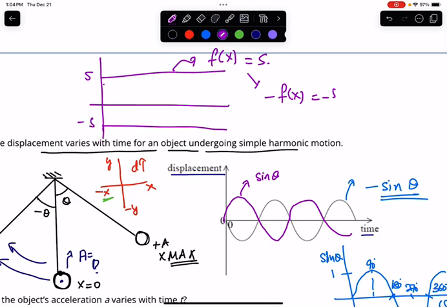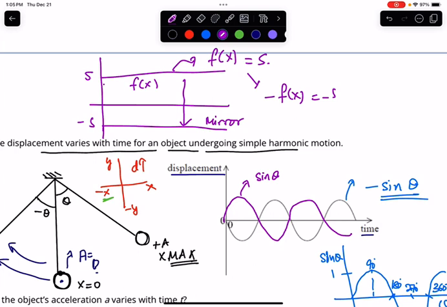So in this case, all you have done is you have taken this function f of x and then you have reflected it over the x-axis like a mirror. Okay? So we are going to be using this concept to recognize the graph. All right? And we can also look at another example to just show the reflection.